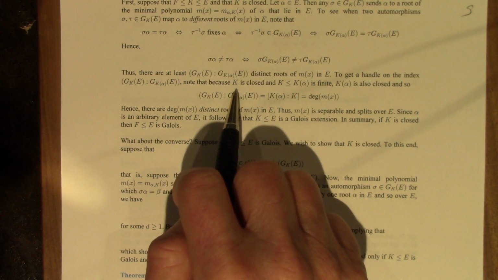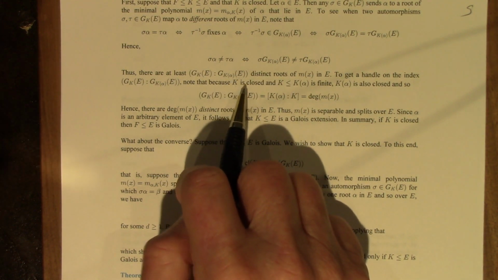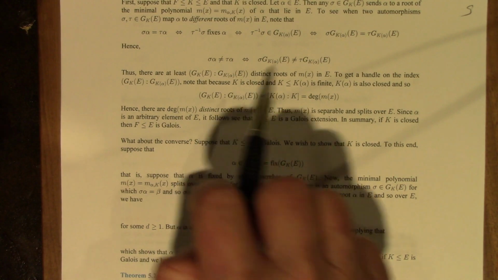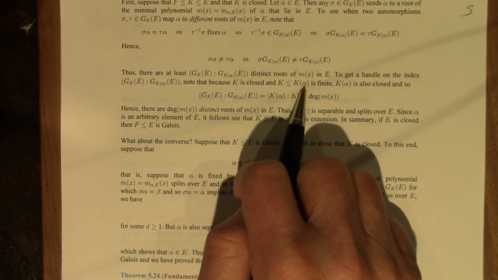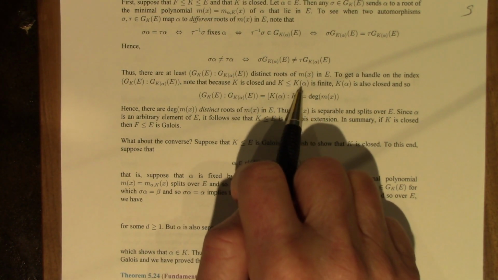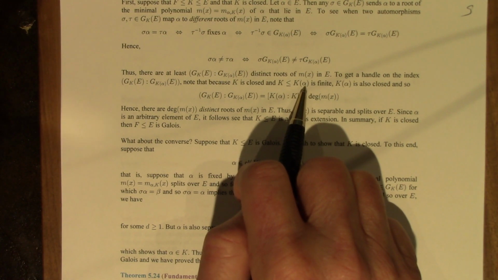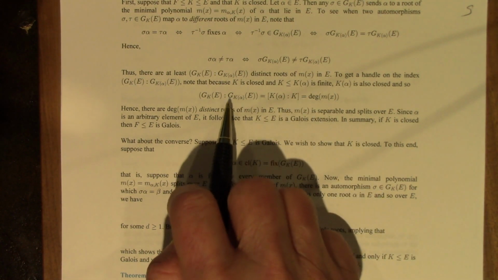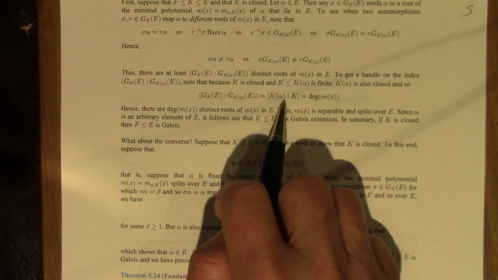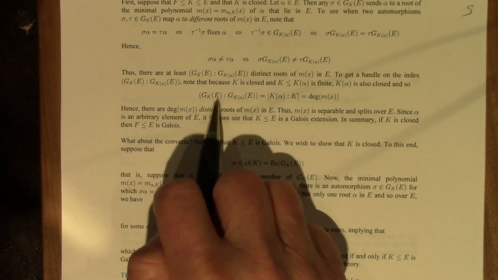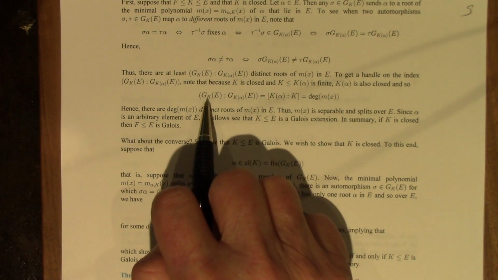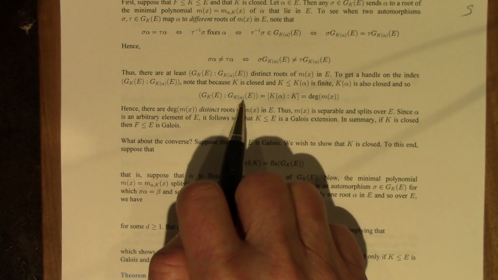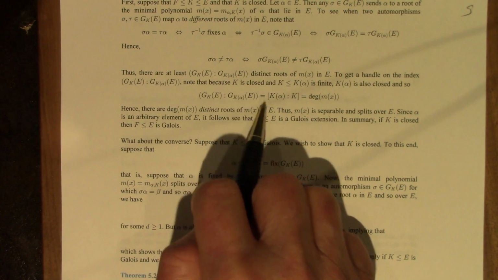Well, K is assumed to be closed. This is the first time we are using that. This extension is finite, and therefore K with alpha adjoined is also closed, and so this index is equal to this degree. If you look at it from the other direction, the Galois group map preserves index on closed elements.